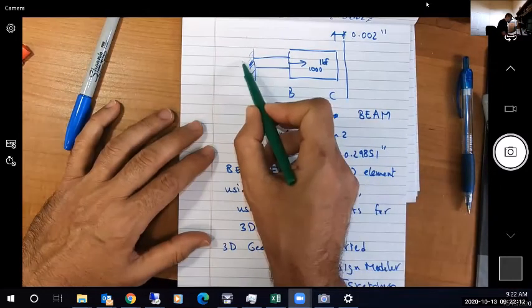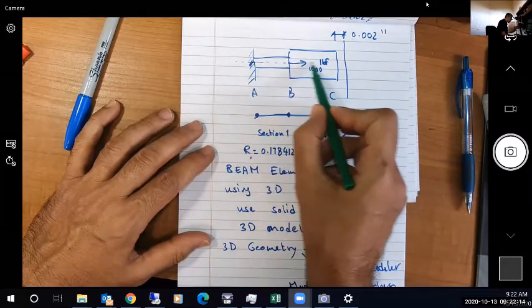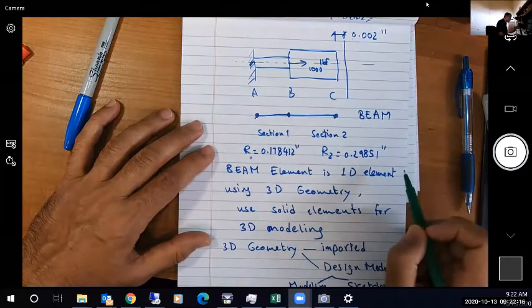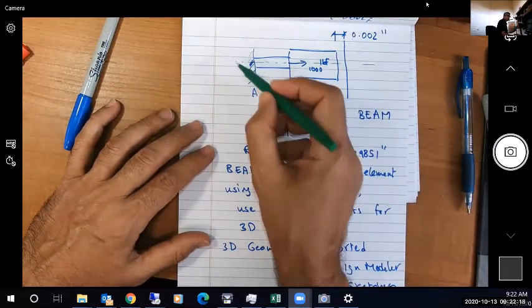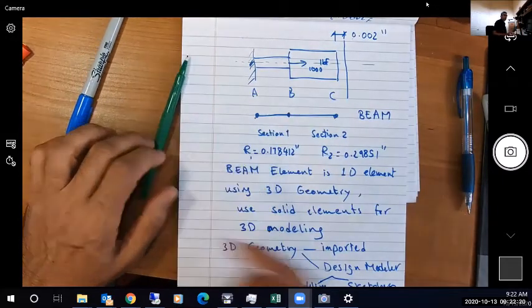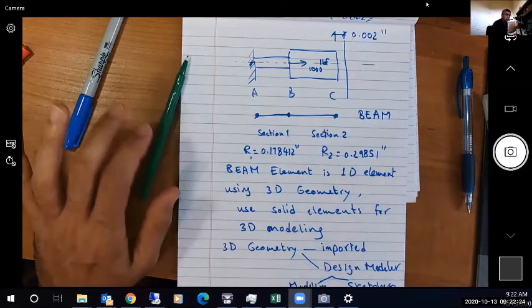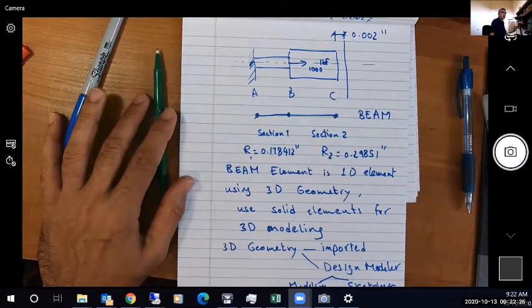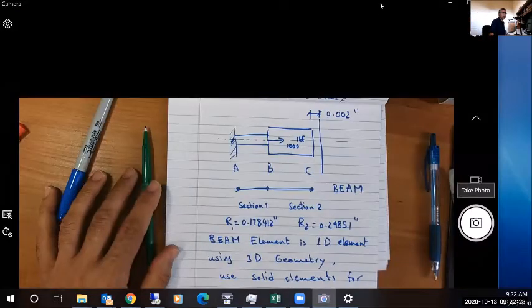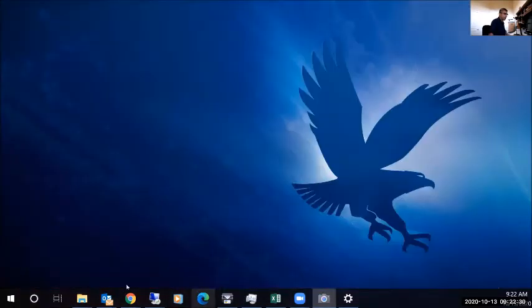I can simply create a profile and revolve it about this axis, or I can create the section and simply have two parts that are extruded. So for today, let's try to extrude. And I know most of you already have quite some experience because you use other similar CAD packages.